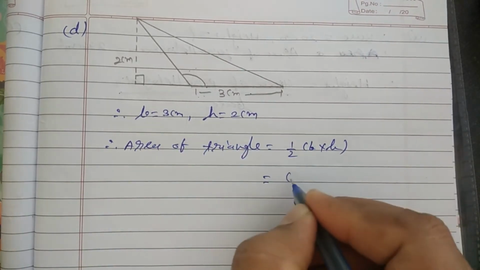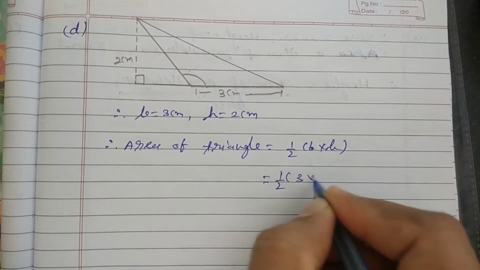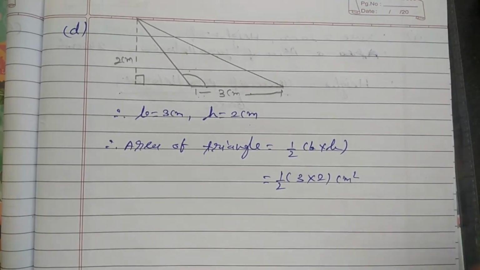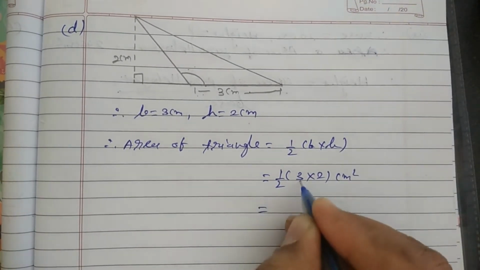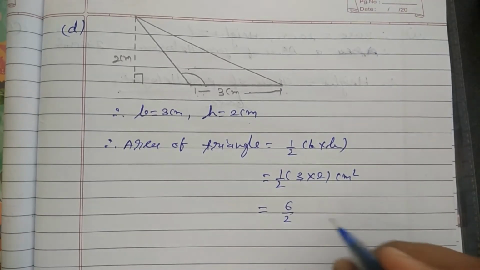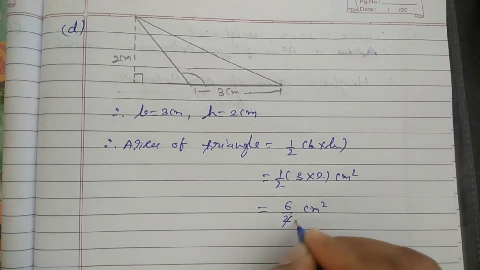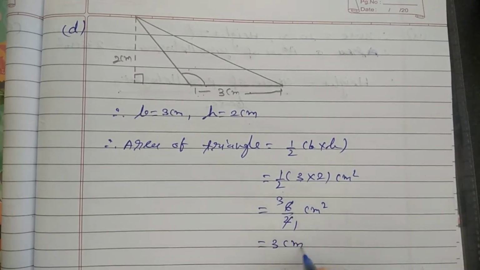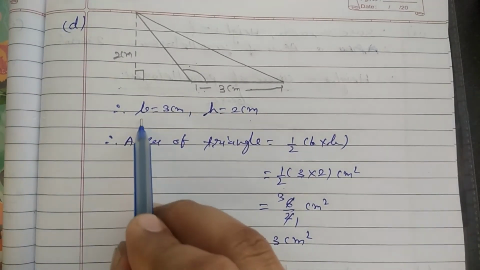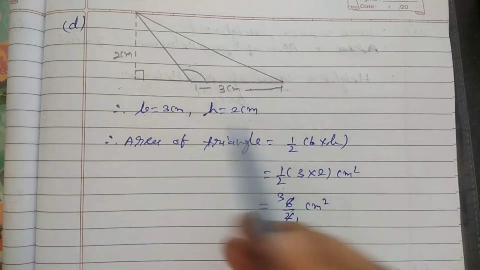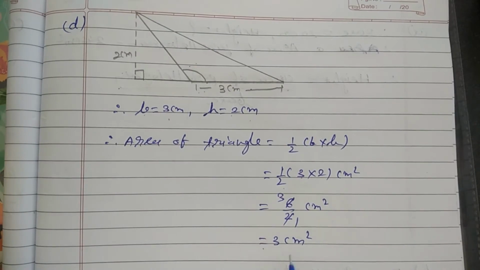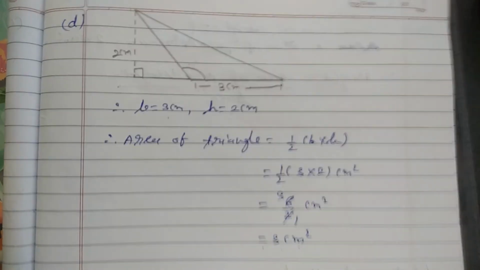Our base is 3 centimeter multiplied by height 2 centimeter, and our unit will be centimeter square for area. 3 2s are 6, 6 divided by 2 centimeter square, 2 1s are 2, 2 3s are 6. So our answer is 3 centimeter square. So the obtuse triangle having base 3 centimeter and height 2 centimeter, area of triangle is 3 centimeter square.